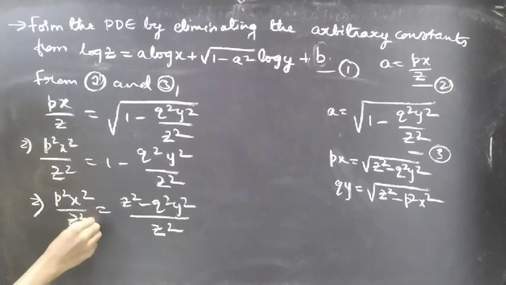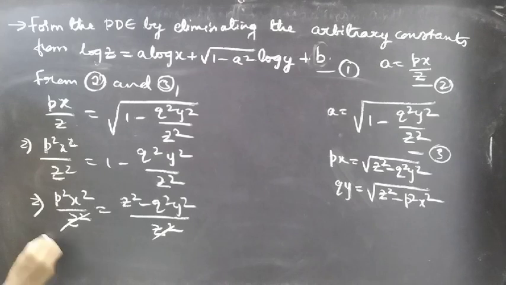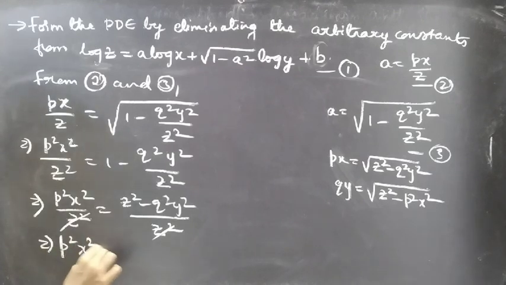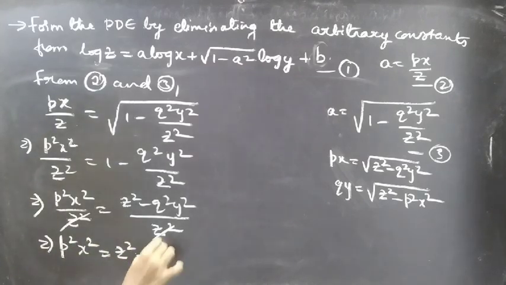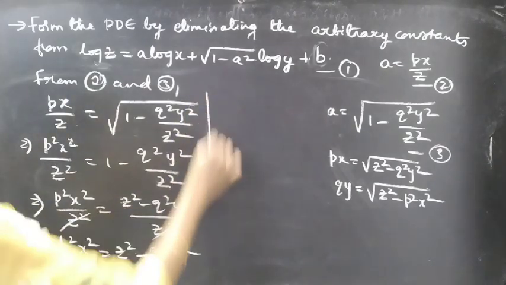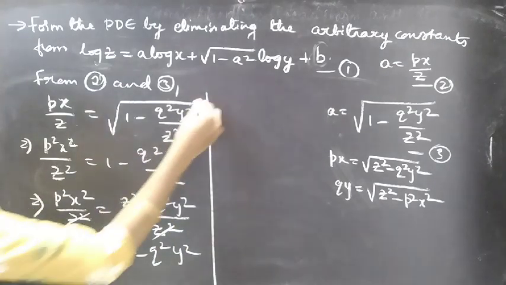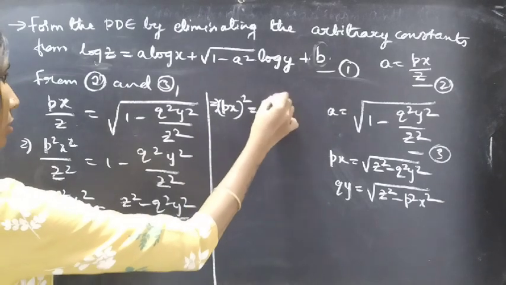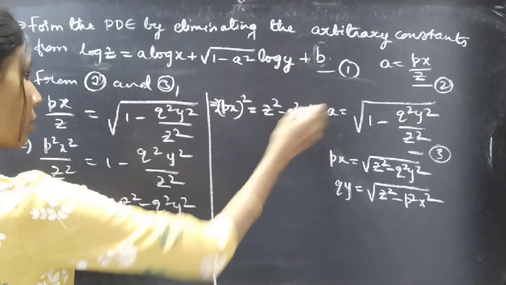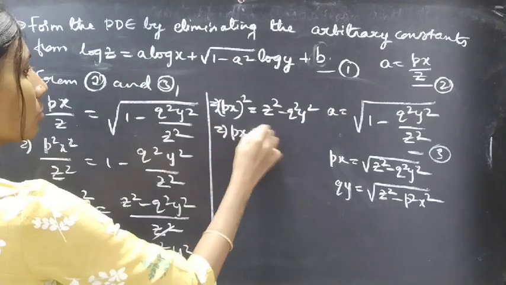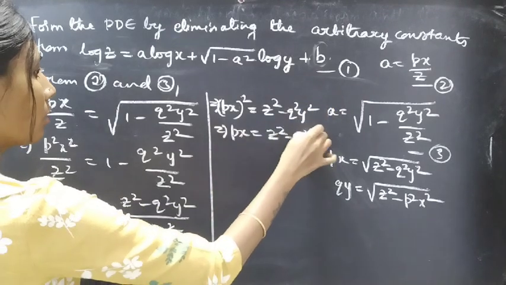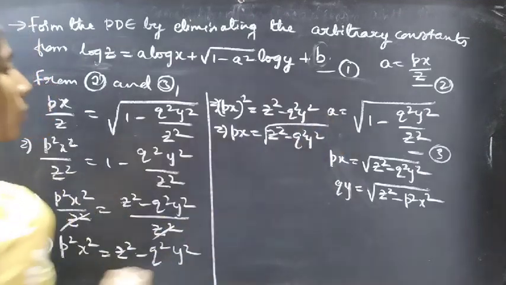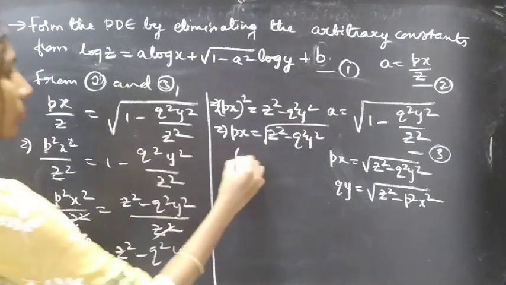Where z square gets cancelled, and you'll get p square x square equal to z square minus q square y square, or we can write p square x square as px whole square equal to the RHS, which remains the same, and you can write this as px equal to square root of z square minus q square y square.